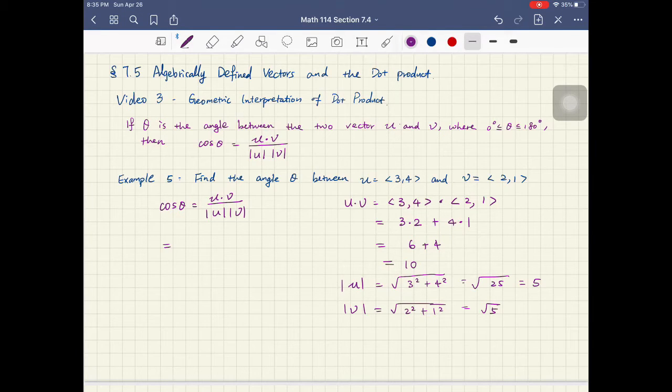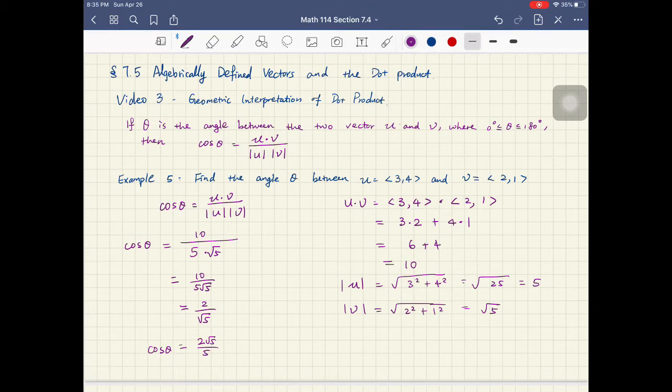Cosine theta equals the dot product between u and v, which is 10, divided by the magnitude of u, which is 5, times the magnitude of v, which is the square root of 5. So we got 10 over 5 square root of 5. Simplify it, we got 2 over square root of 5. Rationalize the denominator, we got 2 square root of 5 over 5, which is cosine of theta.